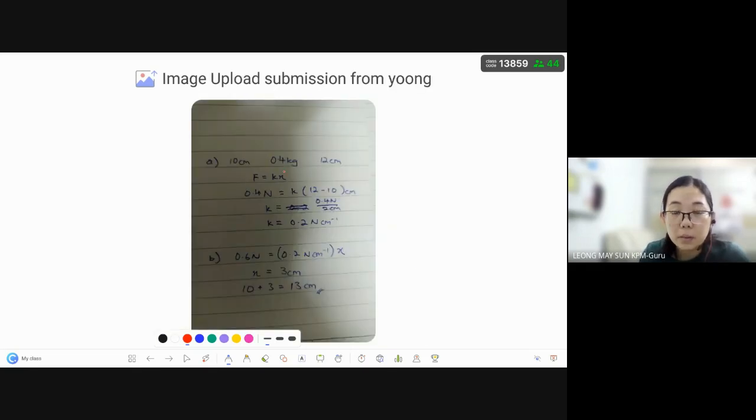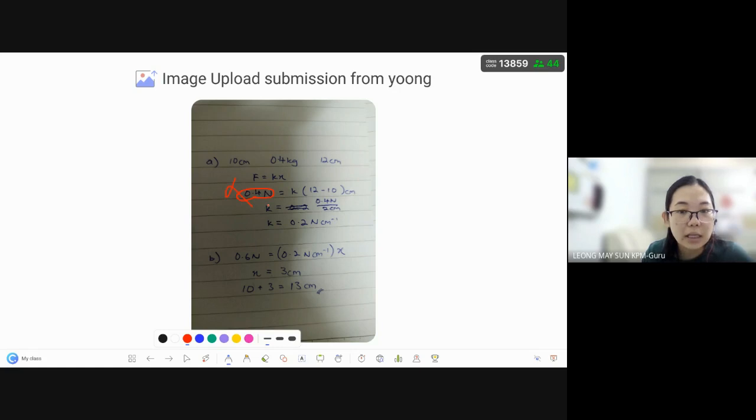Alright, Hua Yong's working, let's see, 0.4 Newton, Hua Yong. This one is already wrong. Okay, now everyone please learn. This is error carry forward. Hua Yong actually found this one. He forgot to change the mass to weight.